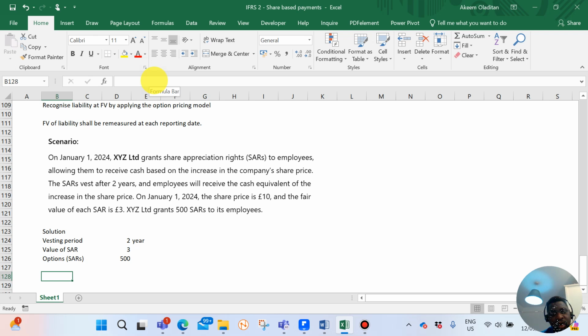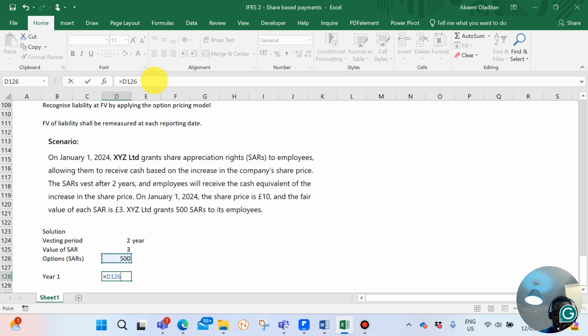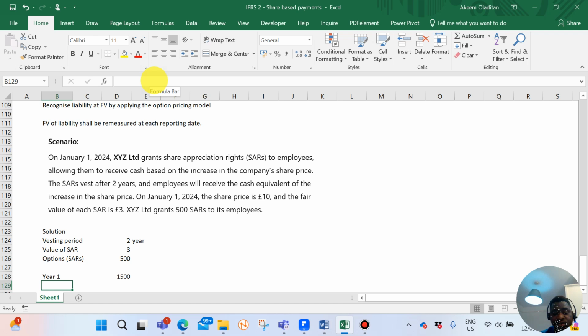So for year 1, the vesting period is 2 years. The total value is 500 times 3, that's 1,500, and we have 2 years to vest it.